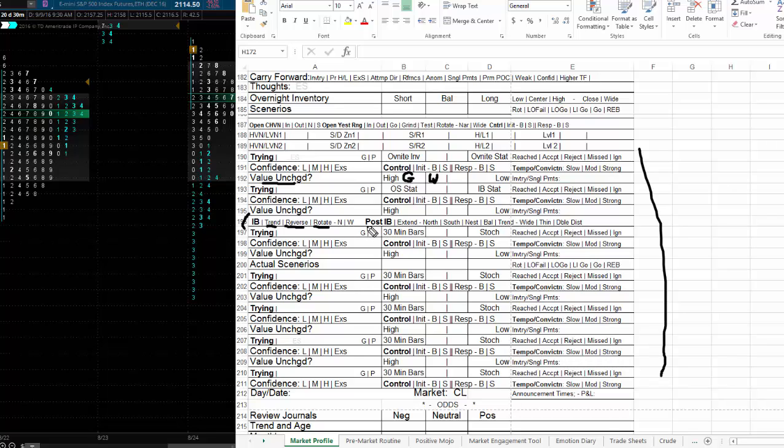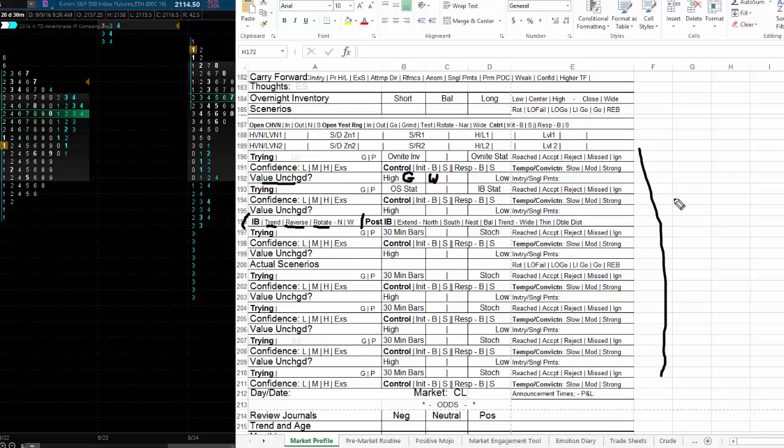initial balance? And then after the initial balance has happened, is it extending to the north side? Is it extending that initial balance to the north side, to the south side? Is it just nested in between, causing balance? Is it trending?